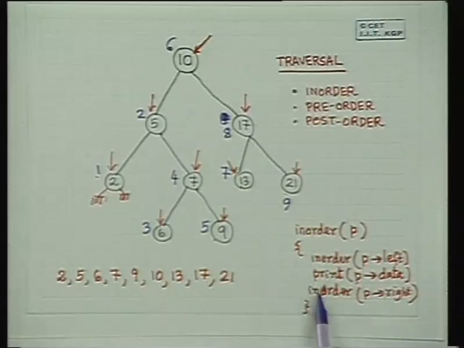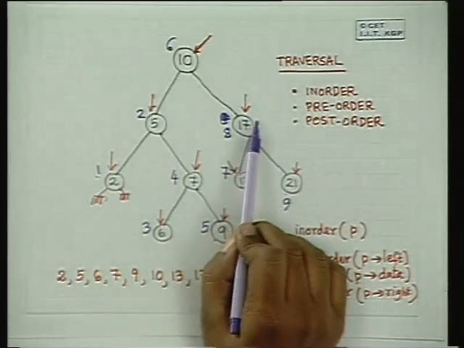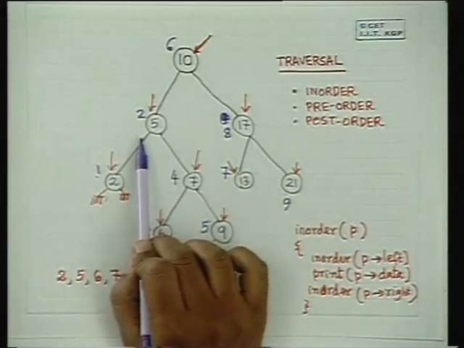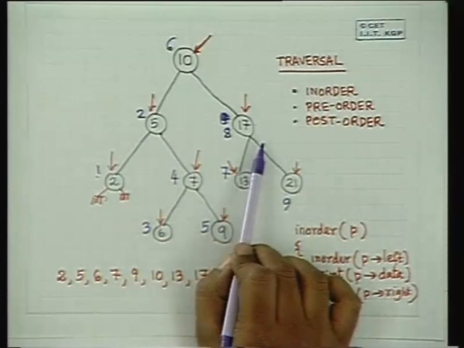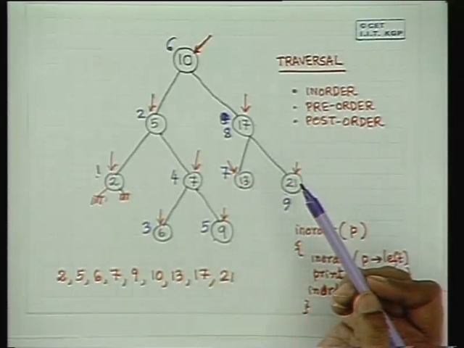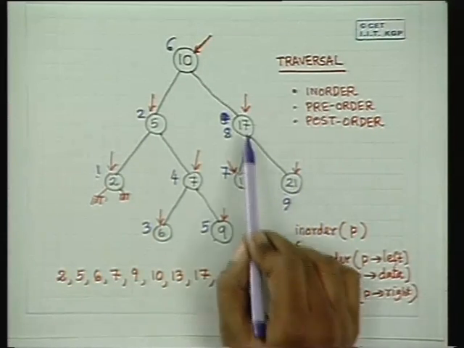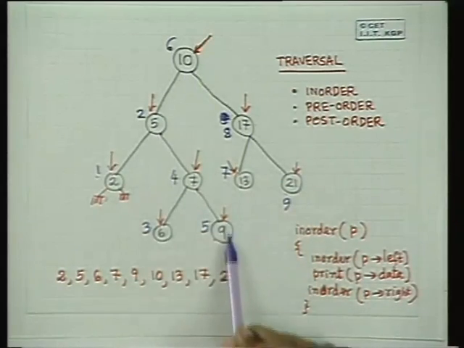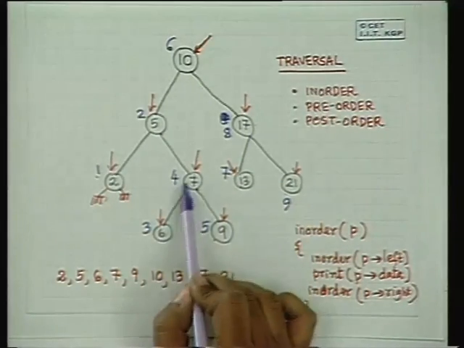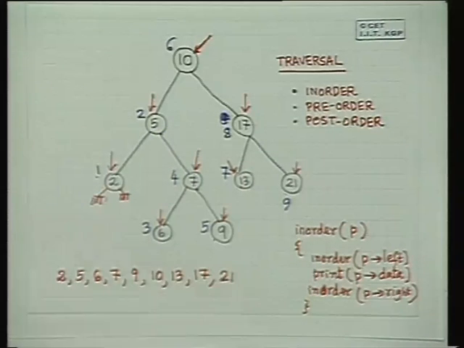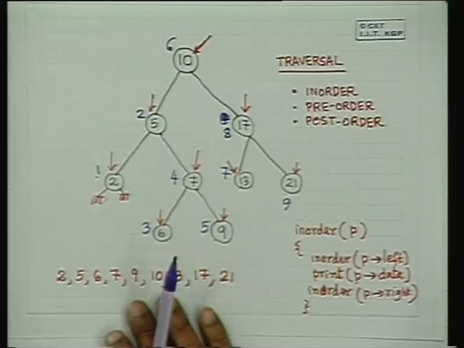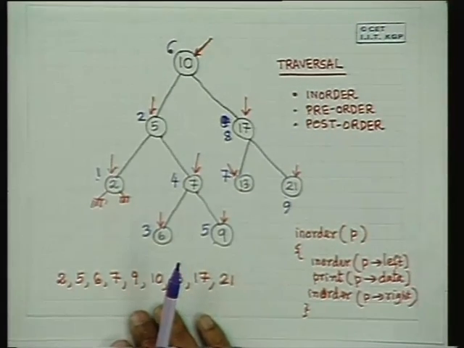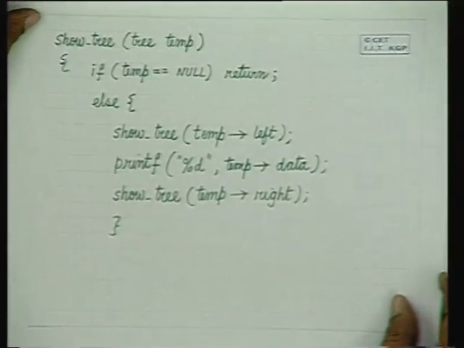On the other hand, if you did the right first and then this and then the left, then you would have got it in the other sequence. You would have got this, then this. So 21, 17, 13, 10, 9, 7, 6, 5, 2. So if you are asked to print it in a sorted order, you would simply do an in order traversal.